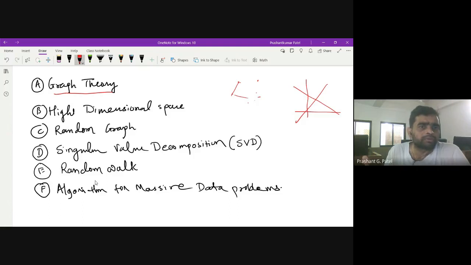For example, Facebook is one example of a graph. If you consider every profile on Facebook as a vertex, and the profiles in the friend list as other vertices, then two profiles are connected if they are friends.